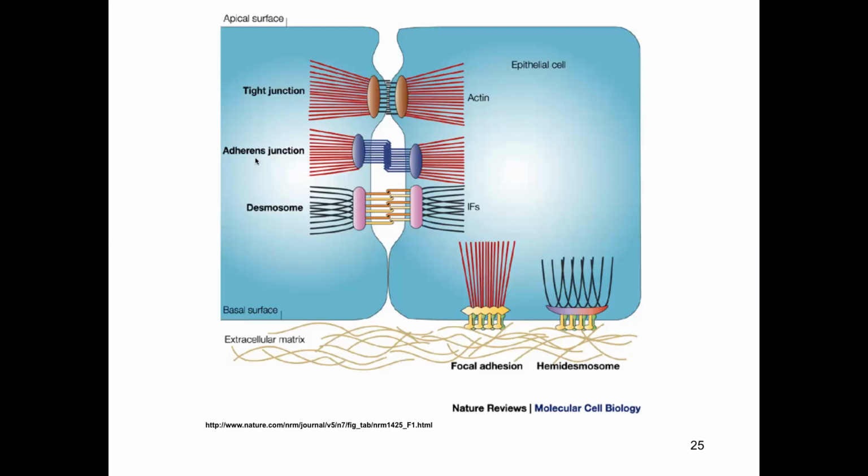The next ones are adherens junctions. All right. So these are cell-cell, and these are going to connect to the actin cytoskeleton, all right? Now, here, in the particular type of proteins that are found in the membrane where they're touching each other, these molecules are called adherens, all right?